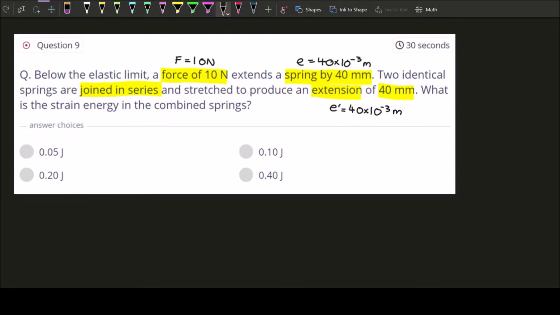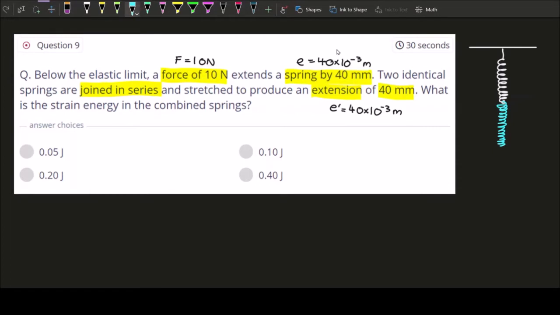But this time the two springs are joined in series. So if you see two springs are joined in series, what it will look like if it's a vertical spring, it will probably look something like you have a spring which is this length, then you connect it to another spring which has the same length.